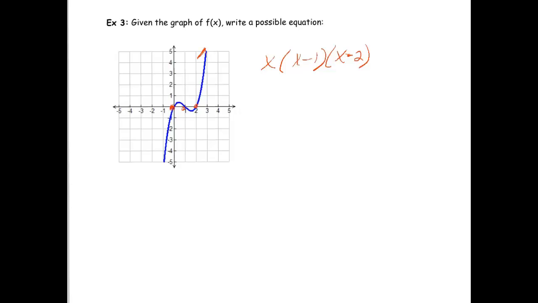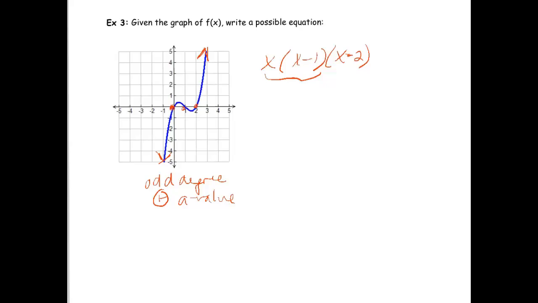Notice that the ends of the graph are in different directions, and if you look at your chart, this matches odd degree, positive a value. So if you look at your equation here, if we put it into standard form, I'm going to do that right now.